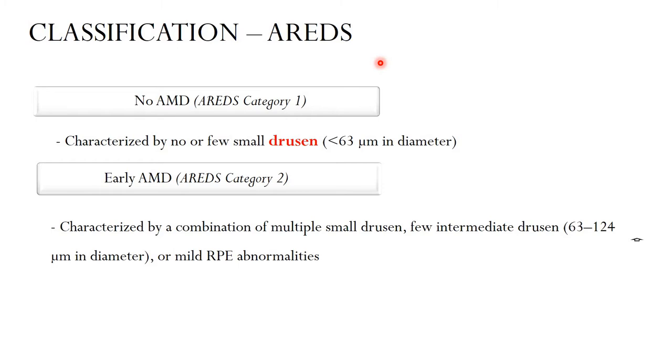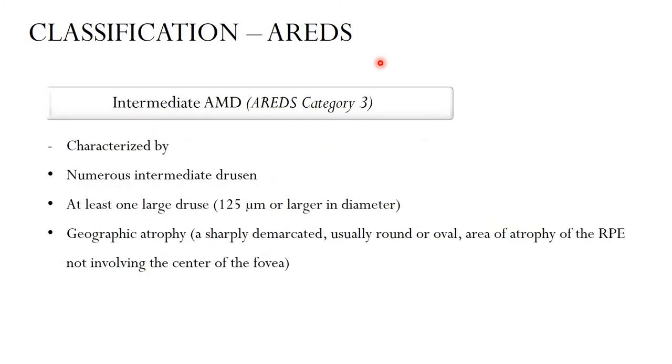category 1 is characterized by no or few drusens, which are of less than 63 micrometers in diameter. In the early stage, there would be multiple drusens, with diameters somewhere between 63 to 124 micrometers, and then there would be mild RPE abnormalities.